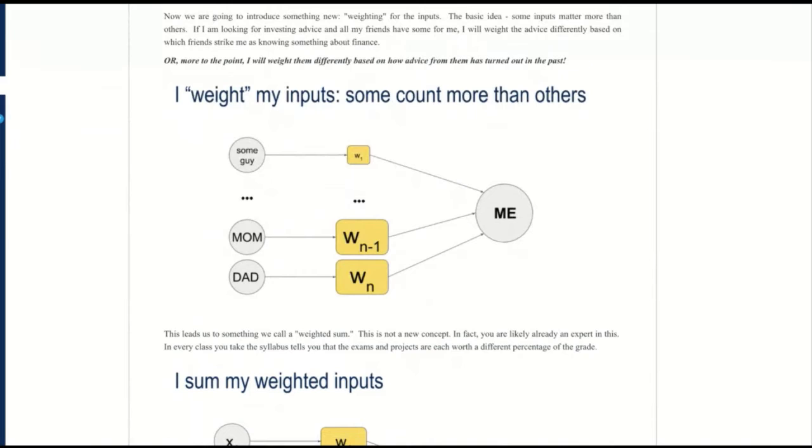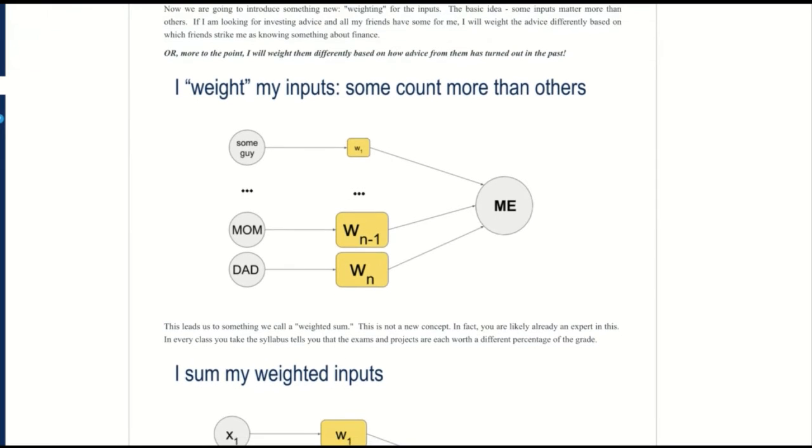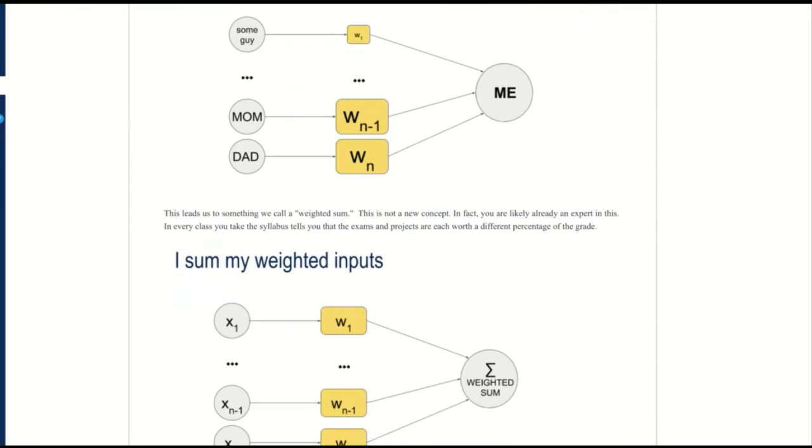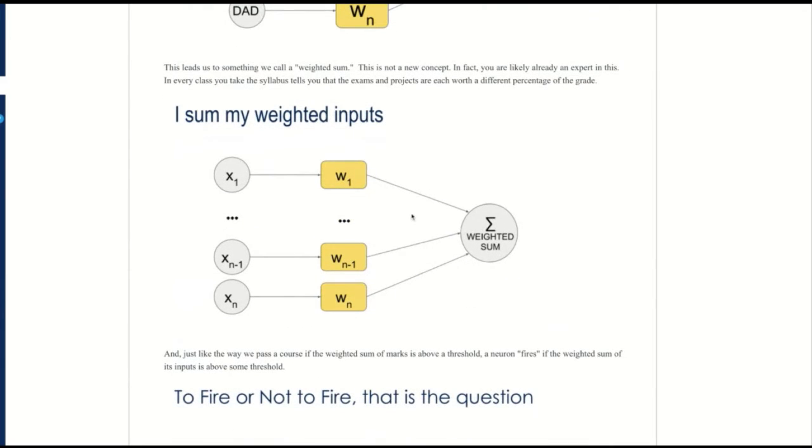And again, this is the image of if I'm asking for advice and my mom says one thing, my dad says one thing, and some guy out on the street says something, I'm probably going to weigh the advice from mom and dad more heavily than the advice from some random guy on the street. And then I'm going to create a weighted sum of those inputs. So I'm going to take the input x1 and multiply it by the weight.